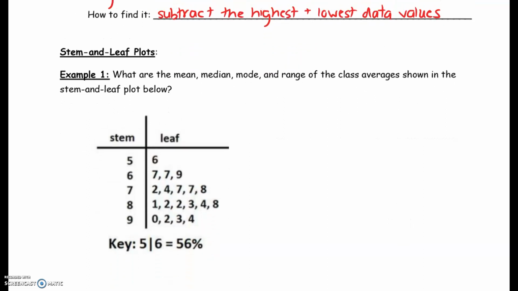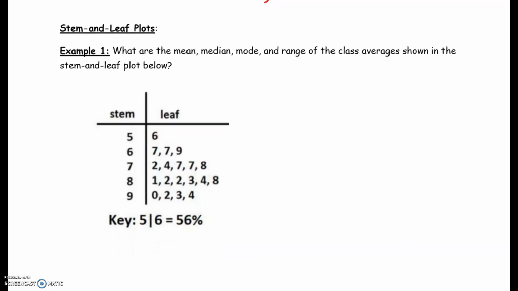A stem and leaf plot, something you may have seen on a standardized test before, looks a little something like this. So you have the stem and you have a leaf, and essentially they have broken up the numbers. And it's helpful if you read the key so you can understand what these numbers are.